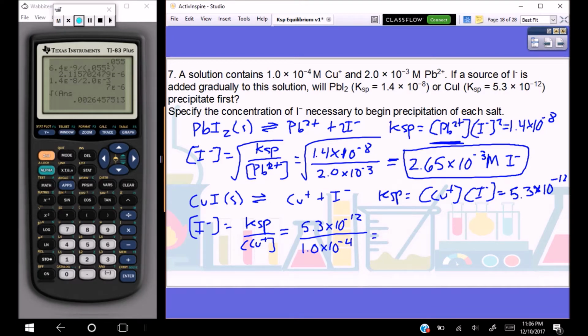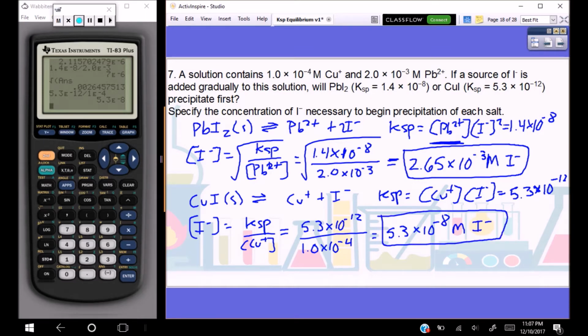So 5.3 divided by 1 is still 5.3. 10 to the negative 12th divided by 10 to the negative 4th is 10 to the negative 8th. You can check me on that. So 5.3 e to the negative 12th divided by 1 e to the negative 4 gives 5.3 times 10 to the negative 8th molar. And this is my I minus concentration.